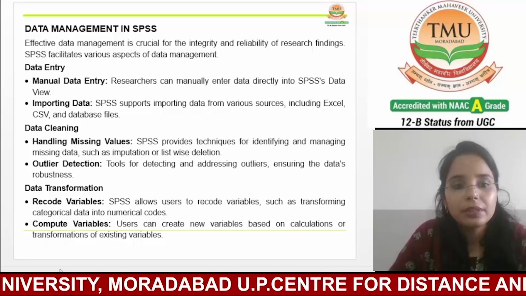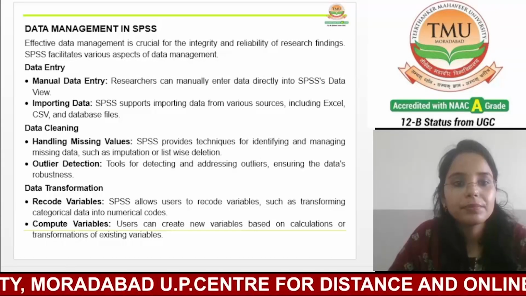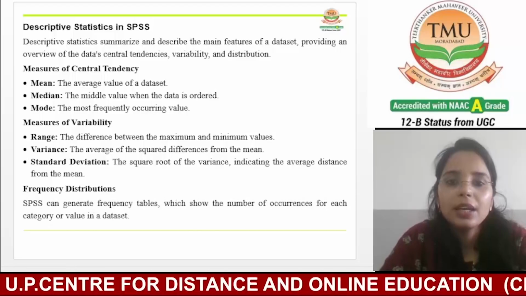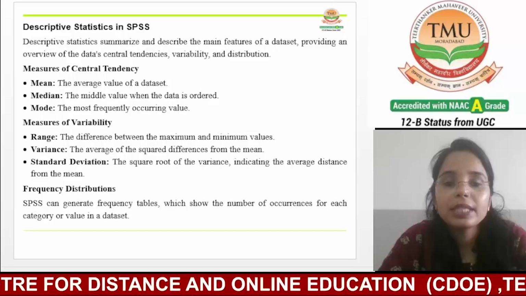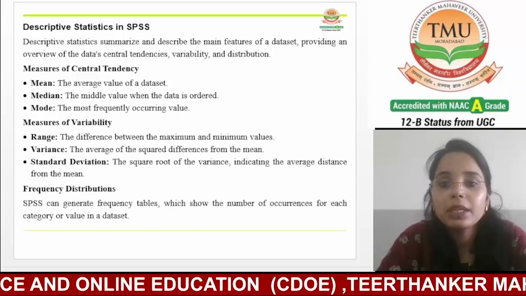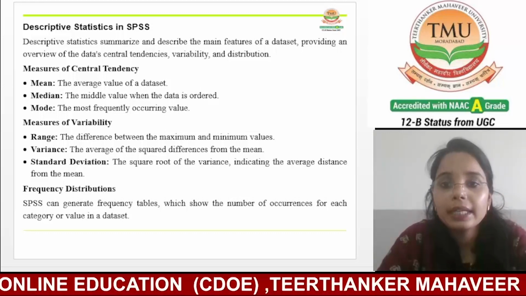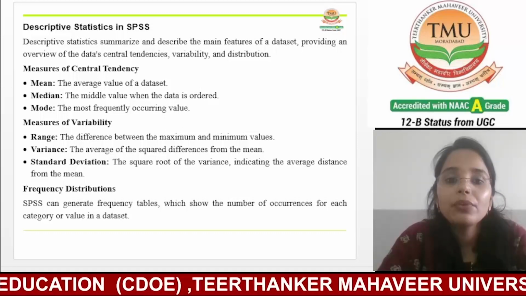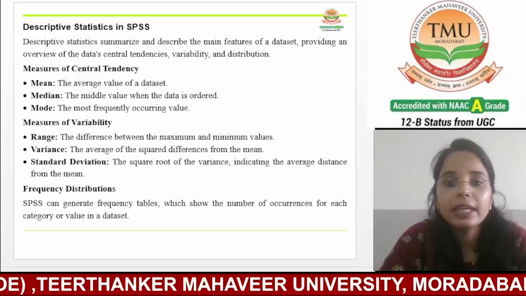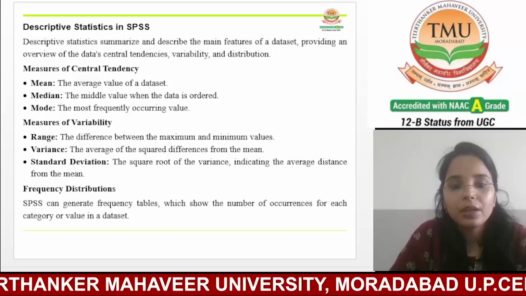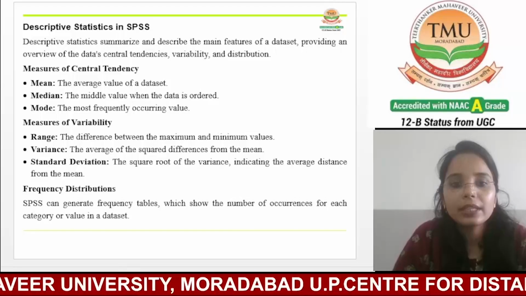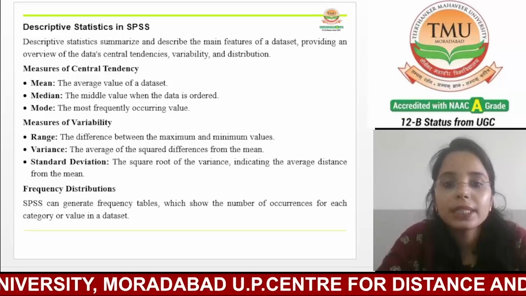Now, the second one is descriptive statistics in SPSS. Descriptive statistics in SPSS summarize and describe the main features of a data set, providing an overview of the data's central tendency, variability, and distribution. As you can see, the first one is measures of central tendency.